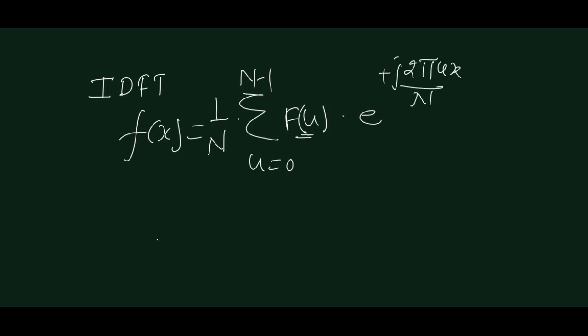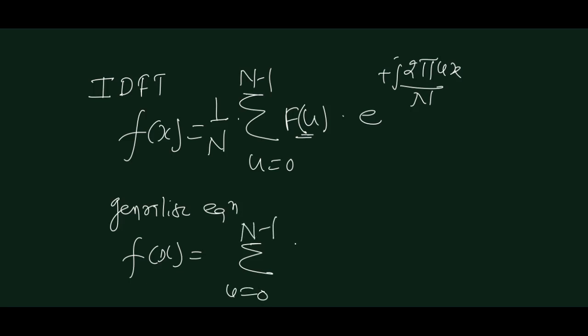Now the more generalized term we can also write here. So f of x, that means in the inverse transformation, the generalized equation, f of x equals summation u equal to 0 to n minus 1 T of u h of x comma u.